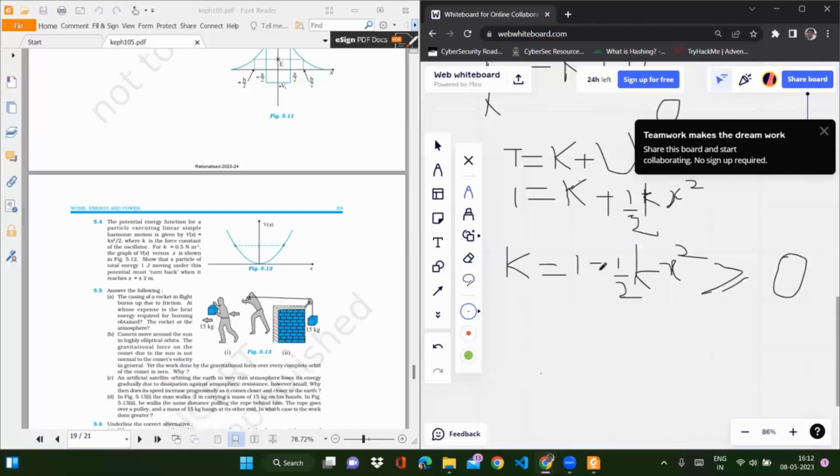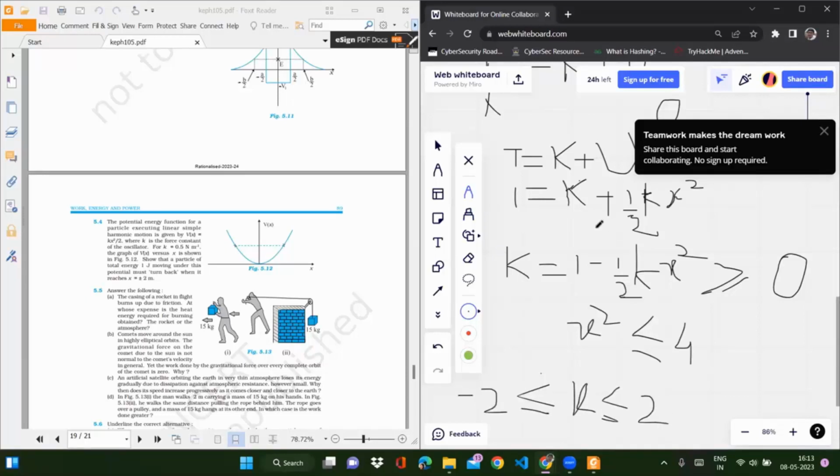If we evaluate this after putting the values of k, we will see that x square must be less than or equal to 4. So from here we can say that x must be from -2 to 2.